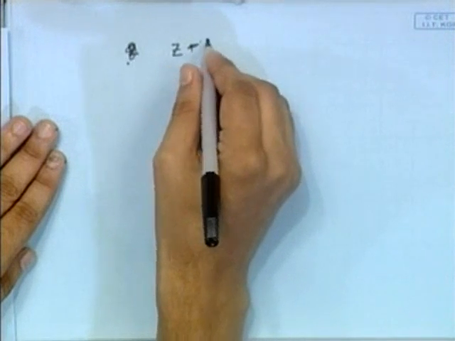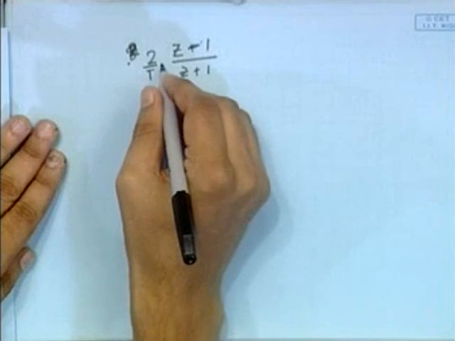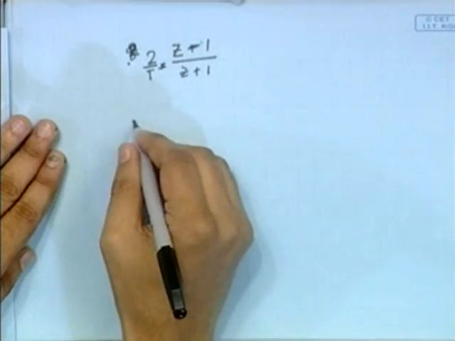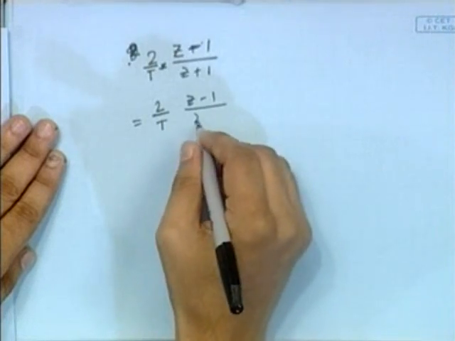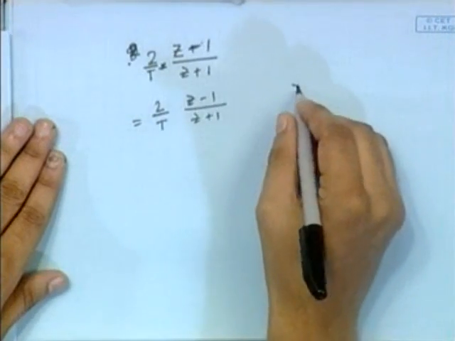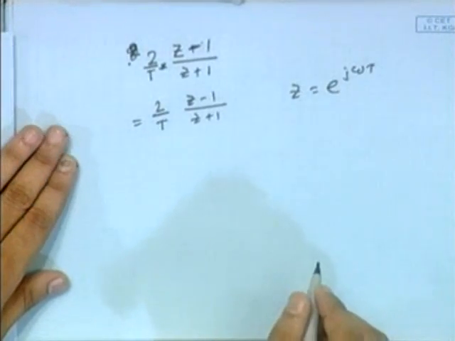Z minus 1 by Z plus 1. Let's take this expression. Now we are putting Z equal to e to the power j omega t in this equation.